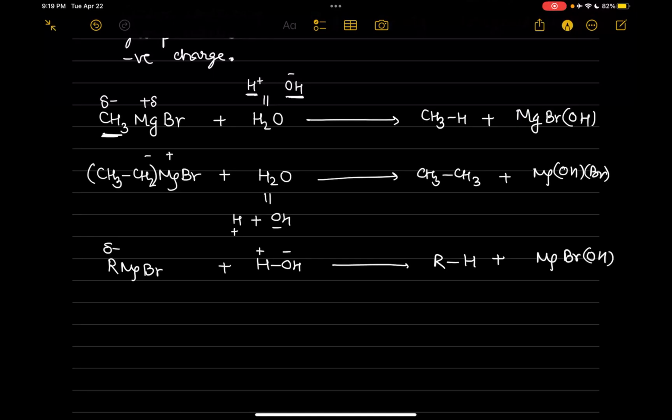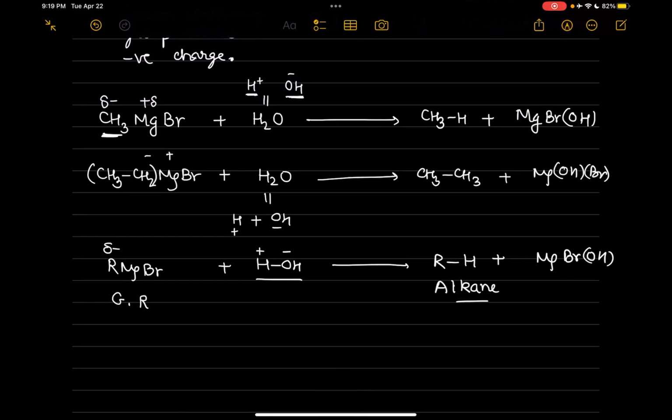Nobody is asking you what MgBr is; you need to bother mainly about the organic product. So Grignard reagent, I will write it in the short form. When reacted with water, you are going to end up with an alkane. Is it clear why alkane?